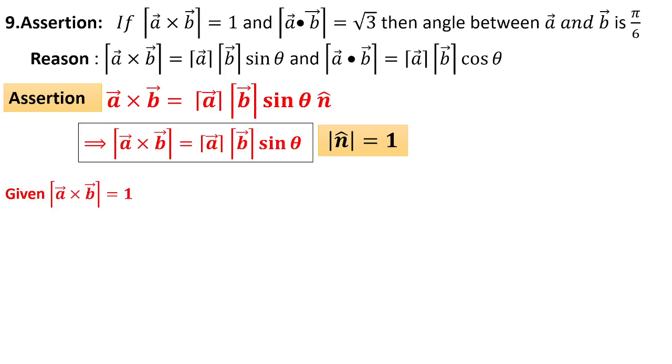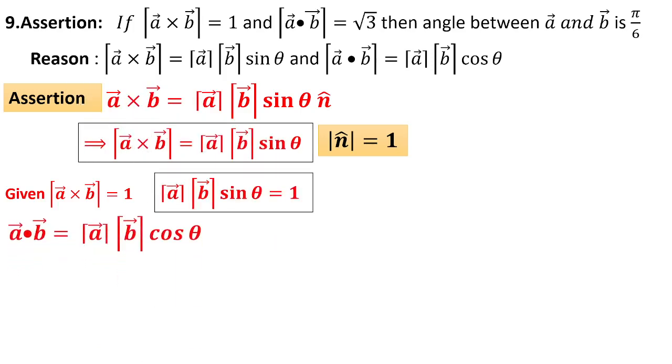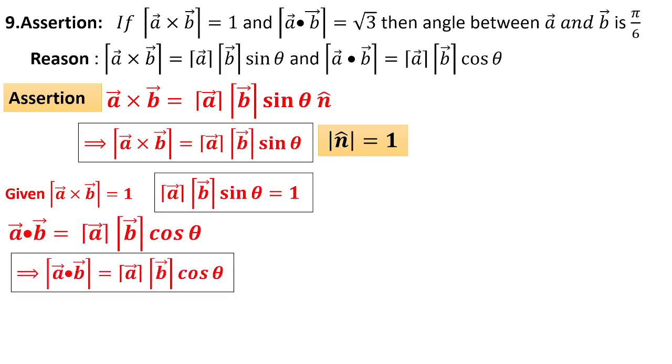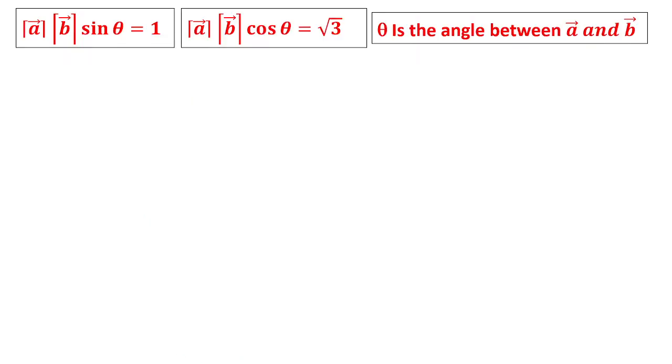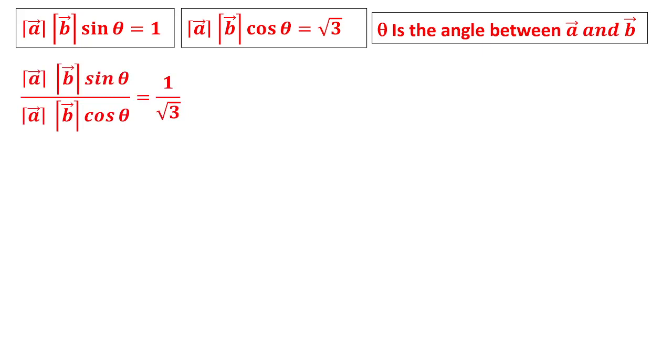Similarly, given a cross b is 1, therefore I am making use of it. And a dot b is ab cos theta, and it is given as root 3. Therefore, ab cos theta is root 3. Theta is the angle between them. Divide them. When you divide, you get tan theta is equal to 1 by root 3.